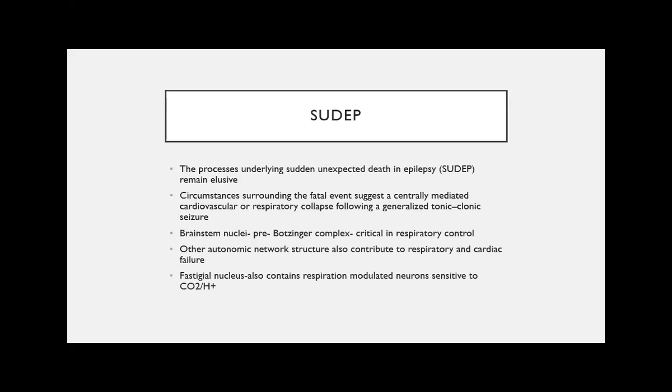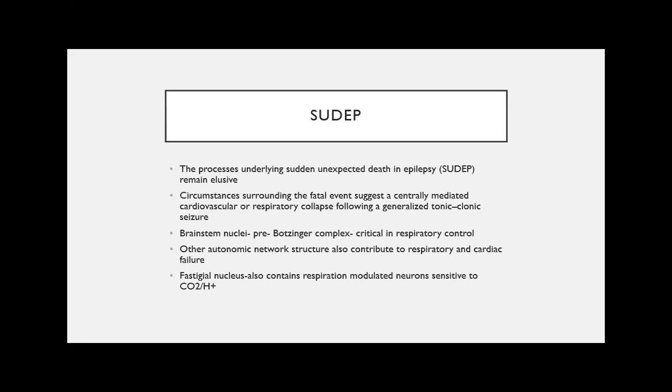Another common morbidity associated with epilepsy is SUDEP, sudden unexpected death in epilepsy. The processes underlying SUDEP remain elusive, but circumstances surrounding SUDEP suggest a centrally mediated cardiovascular or respiratory collapse following a GTCS.